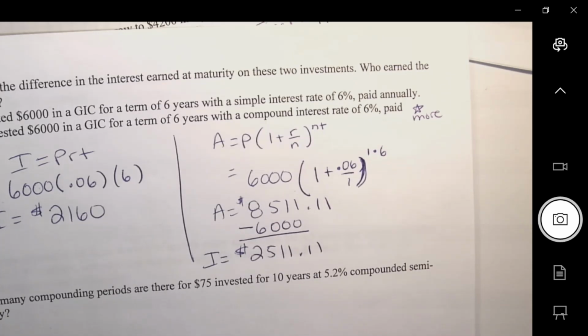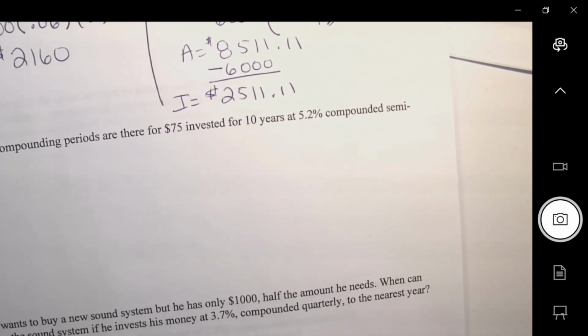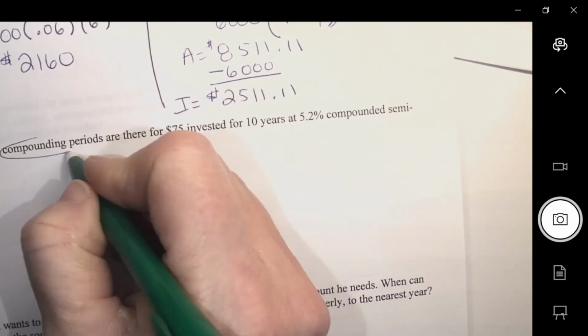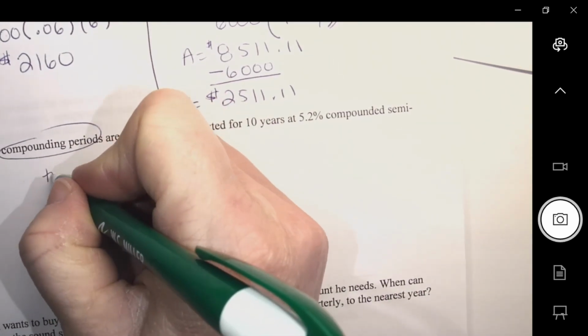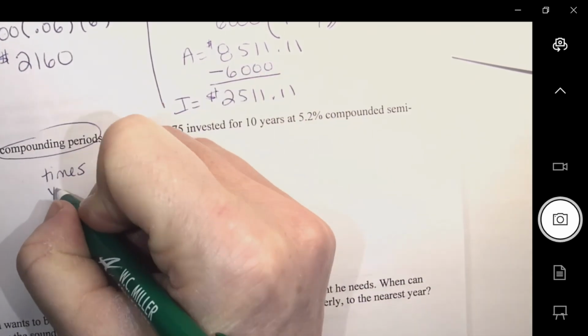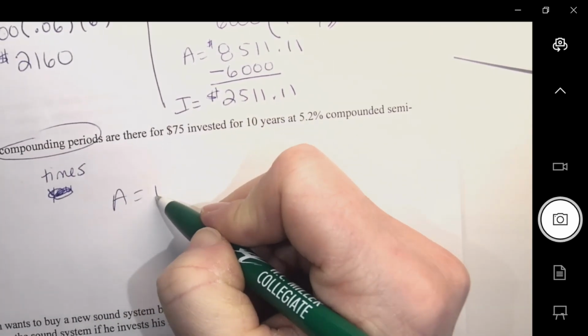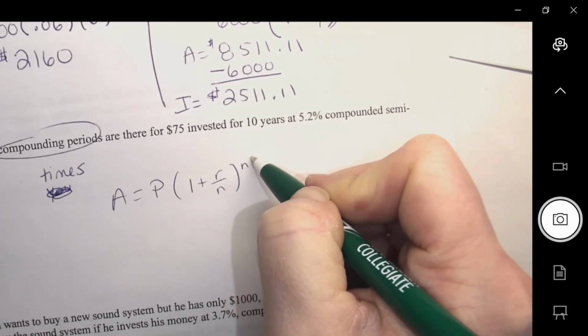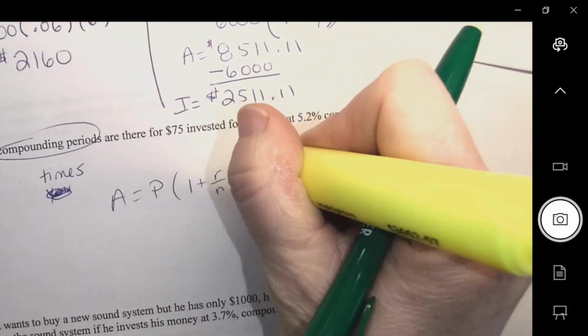How many compounding periods are there for $75 invested for 10 years, 5.2% compounded semi-annually? How many compounding periods? What does that even mean? How many times altogether? So all I want is, what is the exponent?